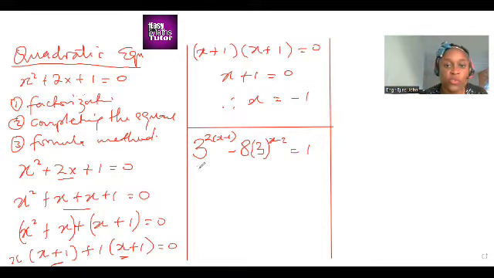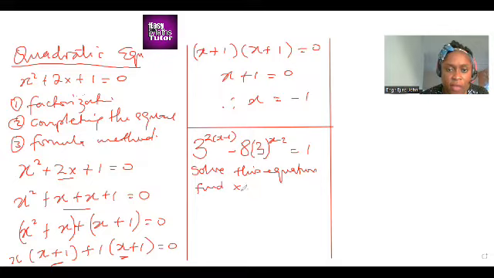We are asked to solve this equation, or find x. Now it's an exponential equation because the powers have some unknown functions.